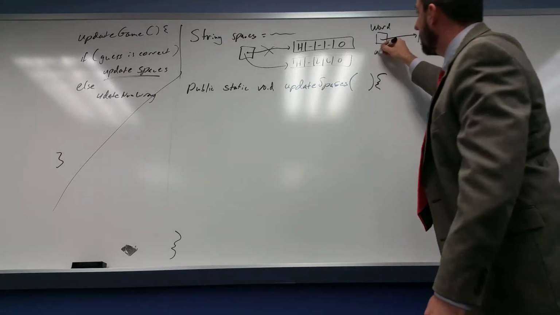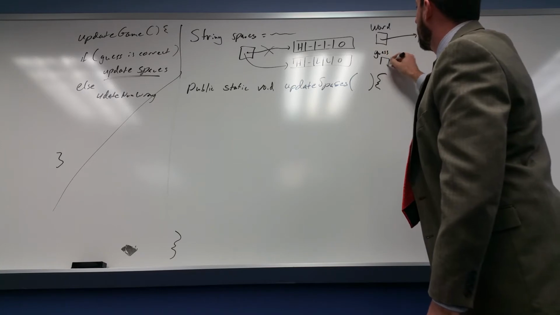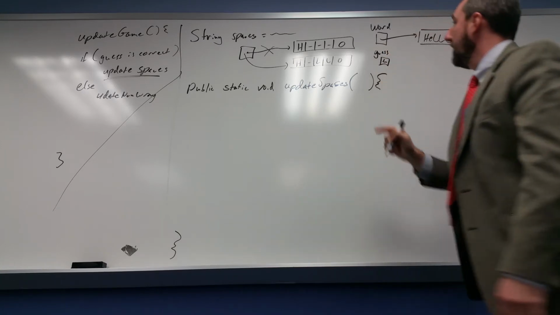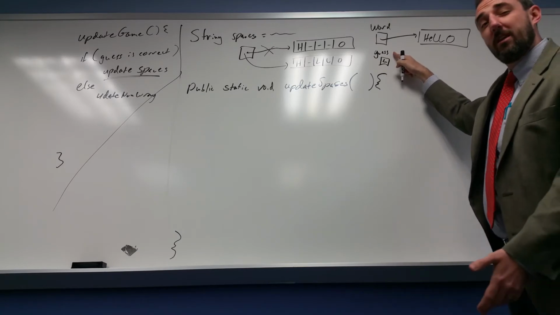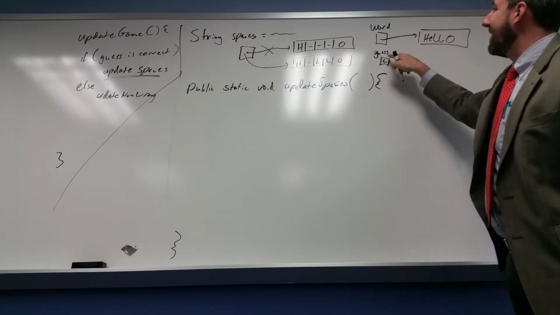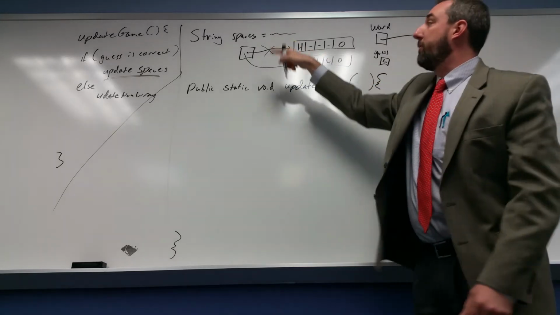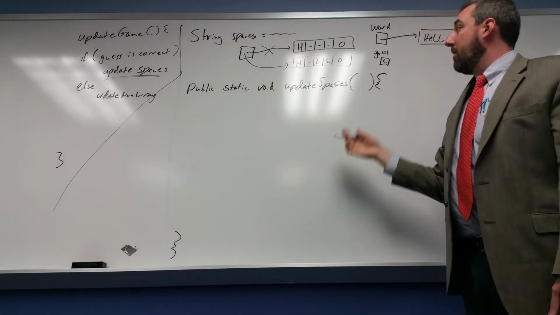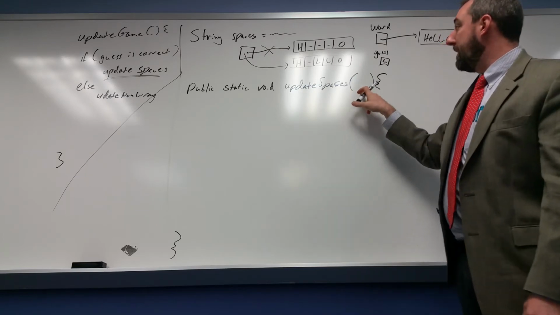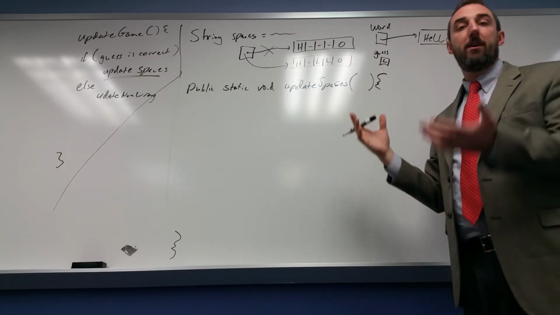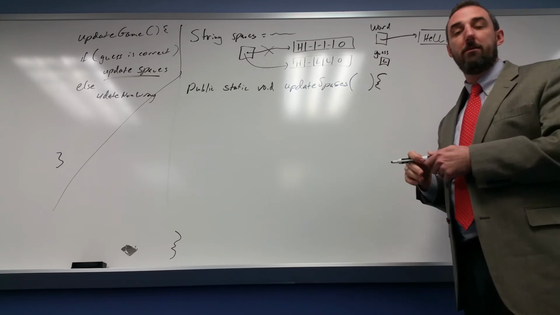You also need to know the guess, which in this case was L. Now, guess is a char, which is a primitive type, which behaves differently than strings. So actually the L is in there, but for word, there's an arrow, and for spaces, there's an arrow. So we need to have all three of these things, otherwise we can't update the spaces. You may need to put them as parameters or have them as global variables. In this case, I'm going to assume global variables.